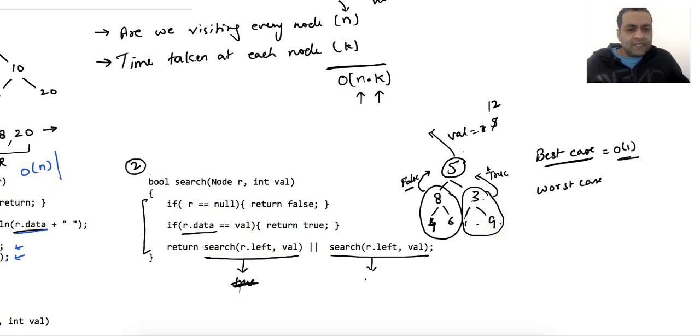Since we are visiting each and every node and we are taking constant time to check whether data is present at that particular node or not, in the worst case, where we end up visiting every node of the tree, we end up taking on the order of n time, right? So this is the worst case time and this is the best case time. Here the timings are different because the visiting of every node is conditional depending on whether the value is found earlier or not. All right.